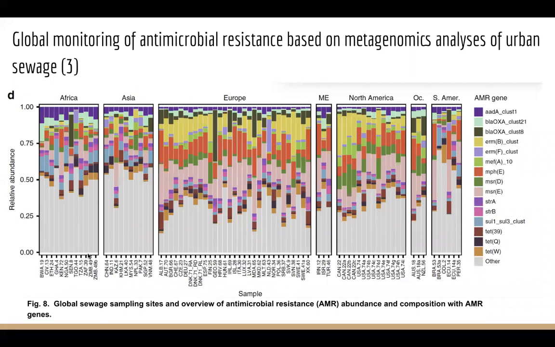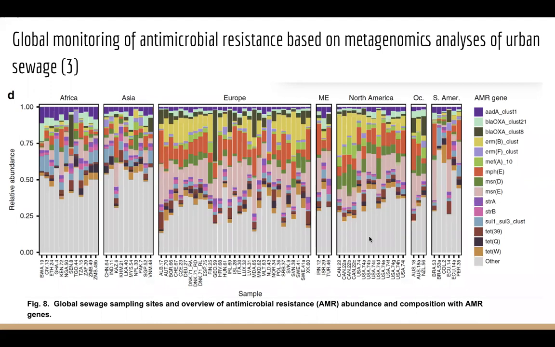You can see from the legends that some of them are not classified, but they are highly resistant genes in the environment in Africa and Asia itself, which doesn't look good. So I think we must take this One Health approach into consideration very seriously, so that we will be able to curb antimicrobial resistance in the environment, in animals, and in human beings.